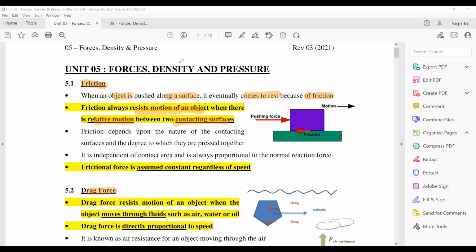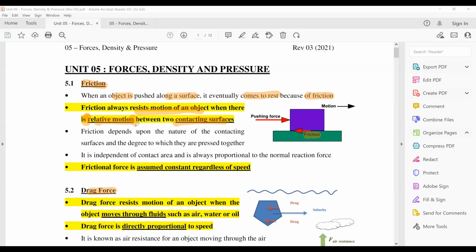When you have two surfaces rubbing against each other, there is relative motion between them. So when you have relative motion between two contacting surfaces, that's where you start to have friction. It is what opposes the motion of an object, what causes an object to eventually come to rest.